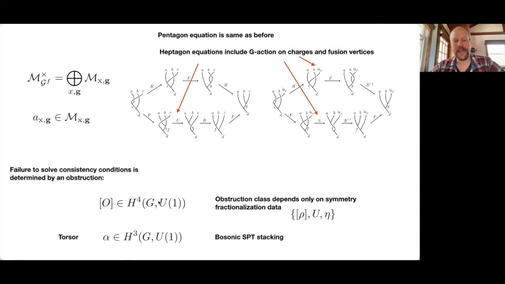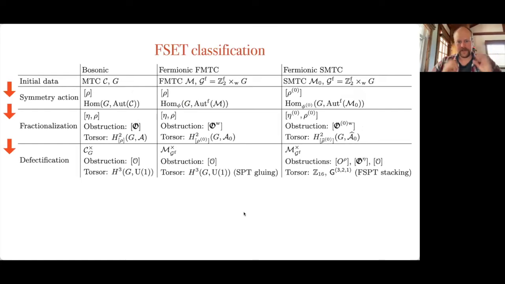All right, when that obstruction vanishes, there's again a torsor, which is valued in H3, and it's related to stacking your theory with a G-symmetric bosonic SPT. All right, so on this slide, I have the full classification, and the left column is bosonic theories.